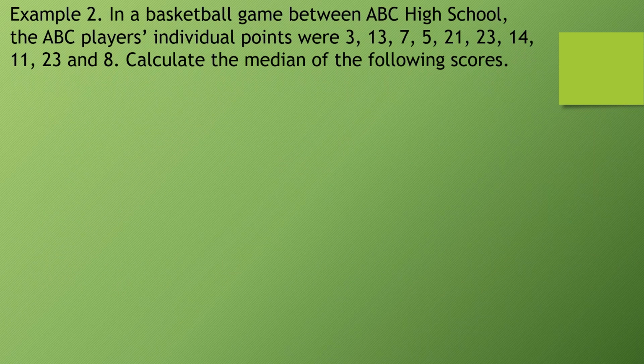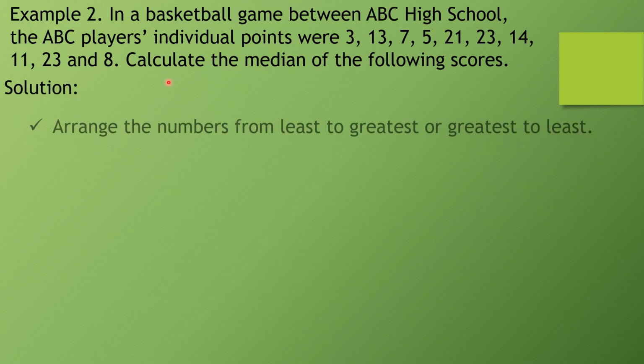Now let's have example number 2. In a basketball game between ABC High School, the ABC players' individual points were 3, 13, 7, 5, 21, 23, 14, 11, 23, and 8. Calculate the median of the following scores.